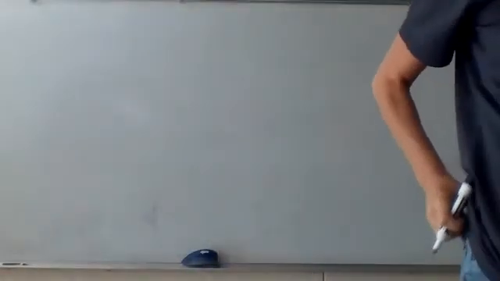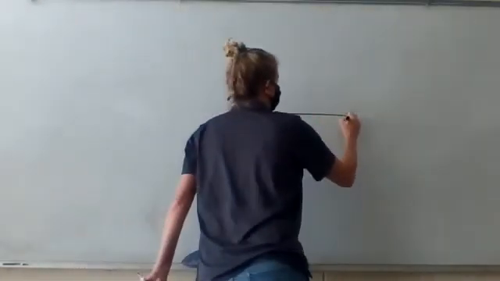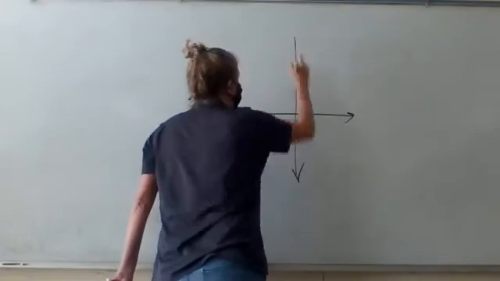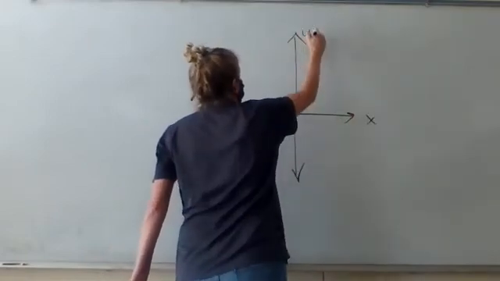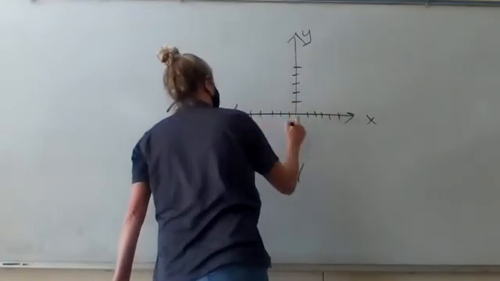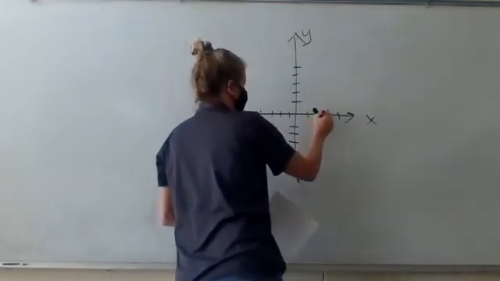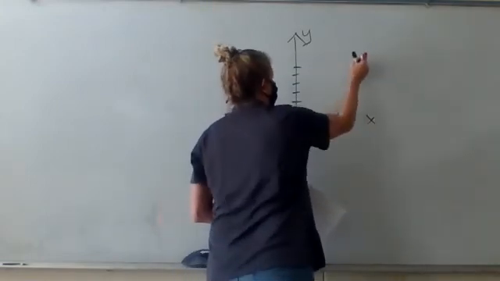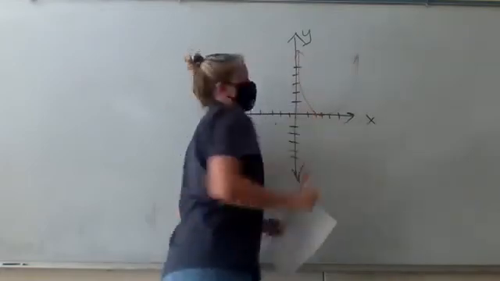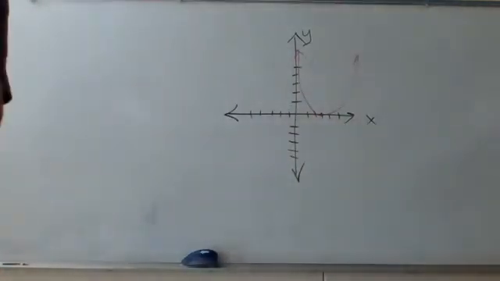Gives me the picture of a parabola. So it shows me this picture of a parabola, and it says the vertex is blank.